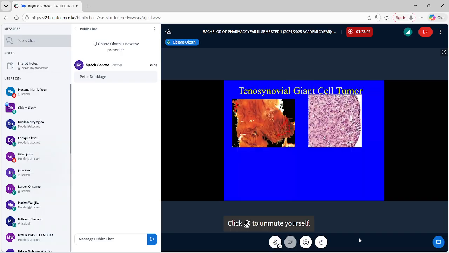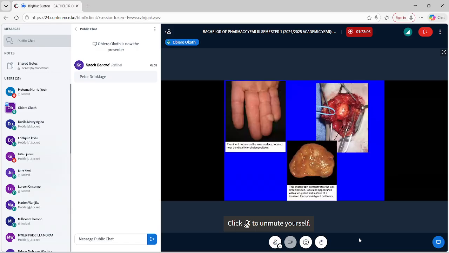Yes, this is the localized type, very normally around the small joints of the hand. You can see it's being cut, it's coming out nicely. And once it comes out, it's localized. It's a very nicely rounded structure. This is a benign tumor.